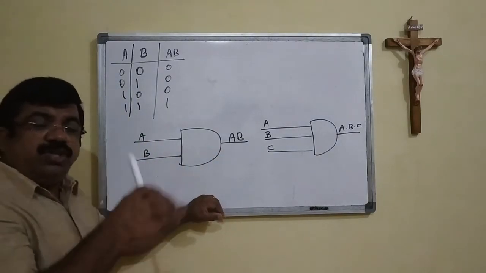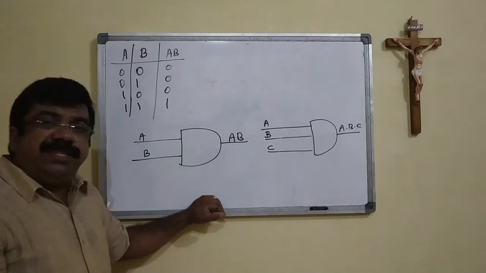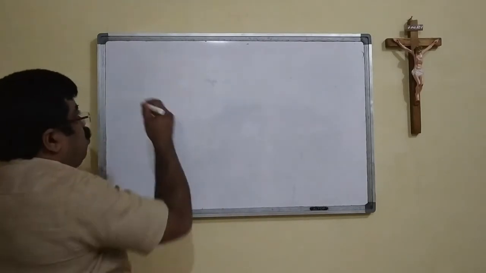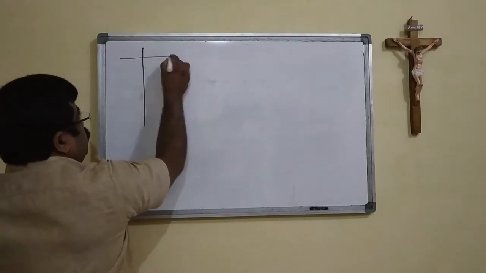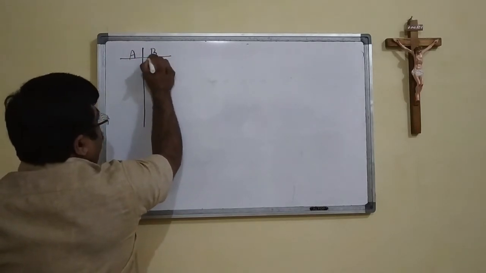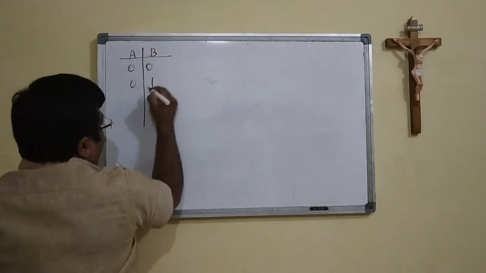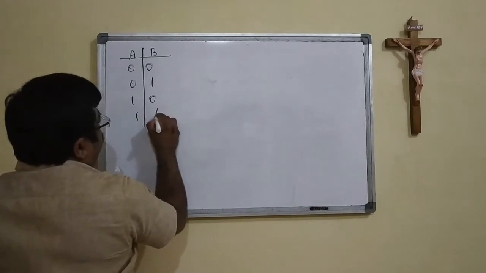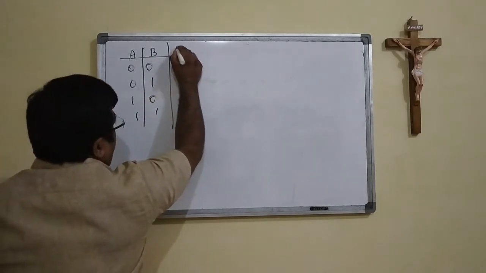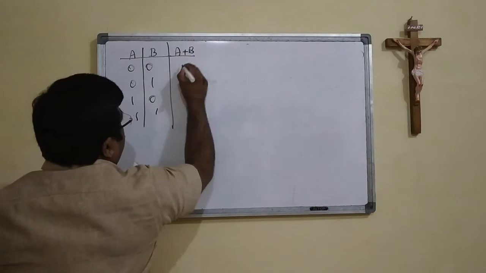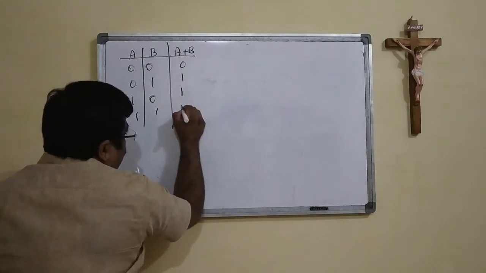Okay, now let's go for the OR gate. The truth table for the OR gate is like this. A, B: 0 0, 0 1, 1 0, 1 1, and the output is A plus B. We saw already 0, 1, 1, 1.